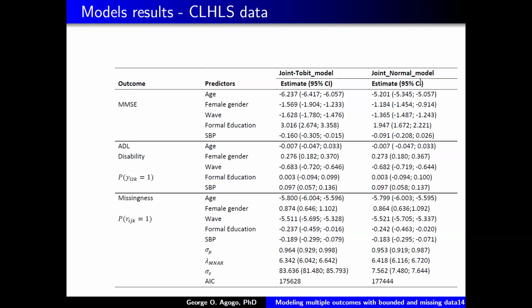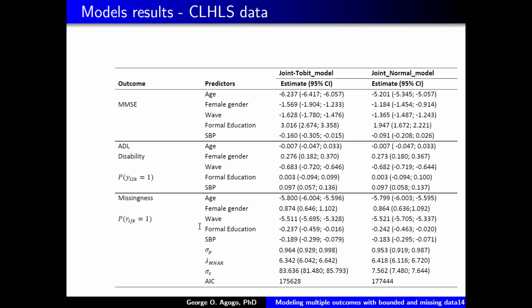And some very key observation here is that for the ADL disability, we don't see much differences. So the joint modeling here has more effect on the continuous outcome. Also, because for the ADL disability, we assume logistic mixed effect, the estimates are not impacted much, whether you assume Tobit or normal distribution for the cognitive function.